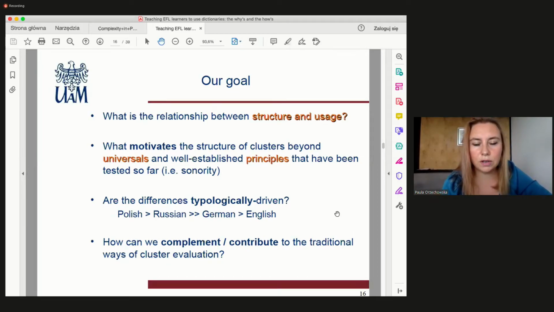And the languages which I'll report on are Polish, Russian, German, and English. So two Slavic, two Germanic. I think the ordering which is presented here reflects the degree of complexity on various levels. It's really difficult to measure this complexity, but that's my intuitive proposal, also based on the data that we have seen.